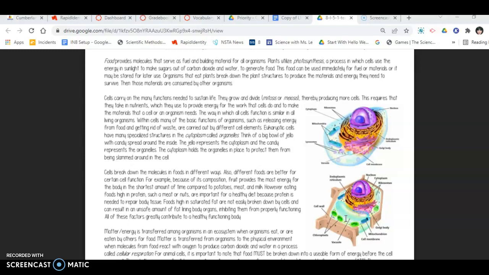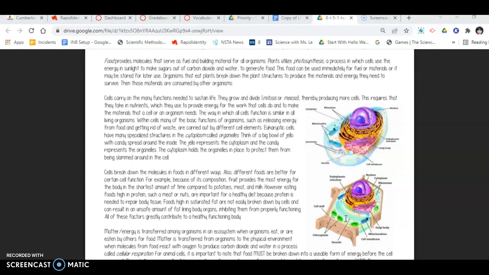Eukaryotic cells have many specialized structures in the cytoplasm called organelles. Taking it back to 7th grade science, the organelles are the little organisms within the cell. The cytoplasm is the jelly of the cell. That's what holds those organelles into place. And I say organisms loosely because they call those organelles little organs or little animals, you might have heard them called.